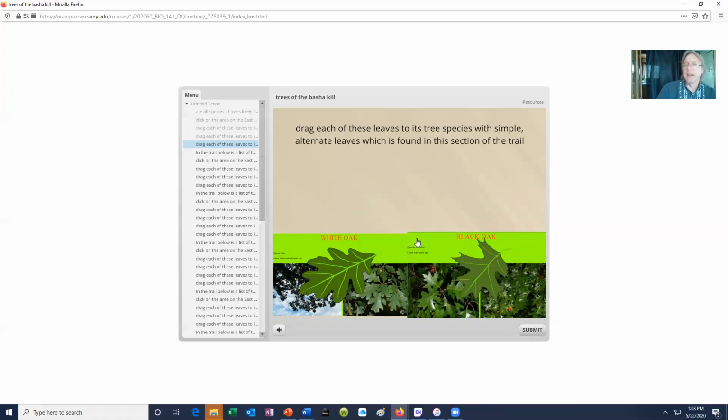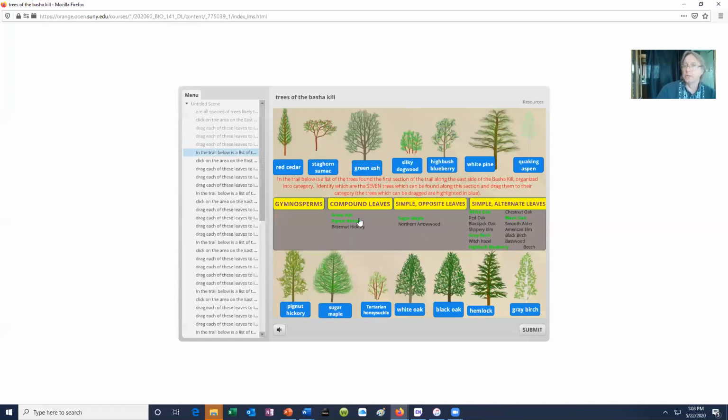And then once I get comfortable with that, I could try to map out the trees which occur along that first section of trail. And then I could do the same on, say, the next section of trail. Now, notice that sugar maple is one of the trees that one would see along the first section.